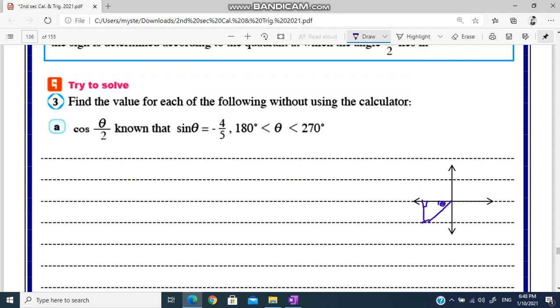So this is theta, and the opposite is 4, the hypotenuse 5, and the adjacent will be 3 according to Pythagoras, with the signs negative and negative, and the hypotenuse always positive. So we have cosine theta negative 3 over 5, and sine theta negative 4 over 5. We need to find the cosine theta over 2.